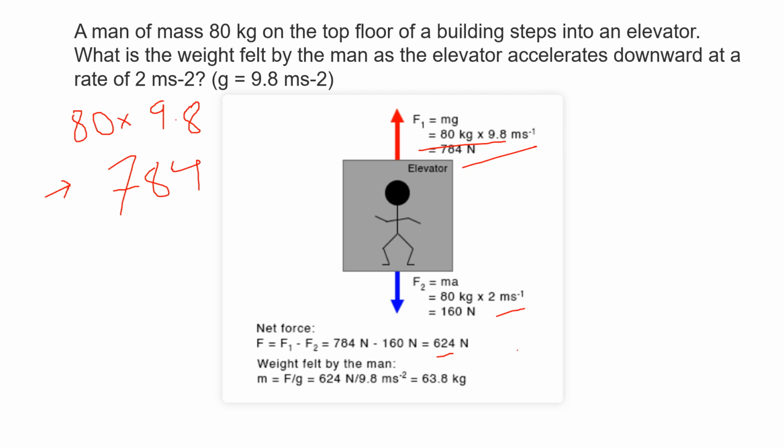Because remember, our force was 624 newtons, and our gravitational constant on Earth was 9.8 meters per second squared. And this equals 63.8 kilograms. Therefore, a person going down the elevator feels lighter. Amazing, right? And now we've solved our next example.